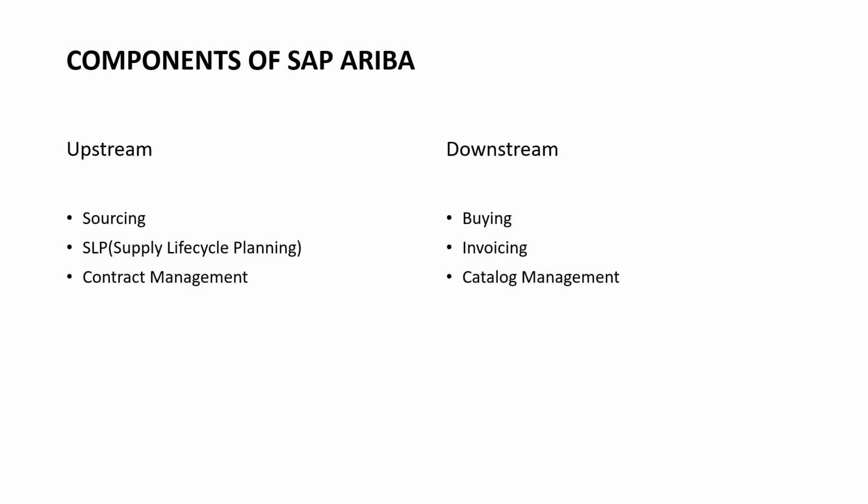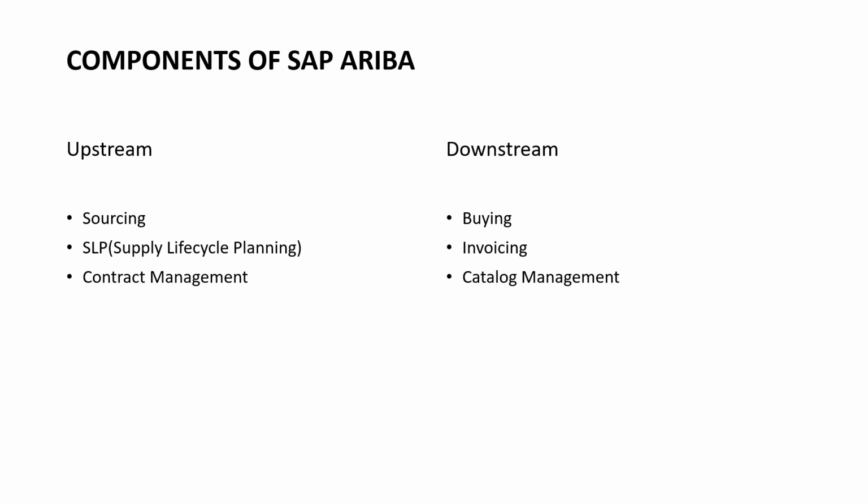First is buying, invoicing, and catalog management. Okay, we will discuss these modules one by one in brief. First is sourcing. Sourcing is concerned with finding the best supplier for goods and services. Okay, this is the sourcing.